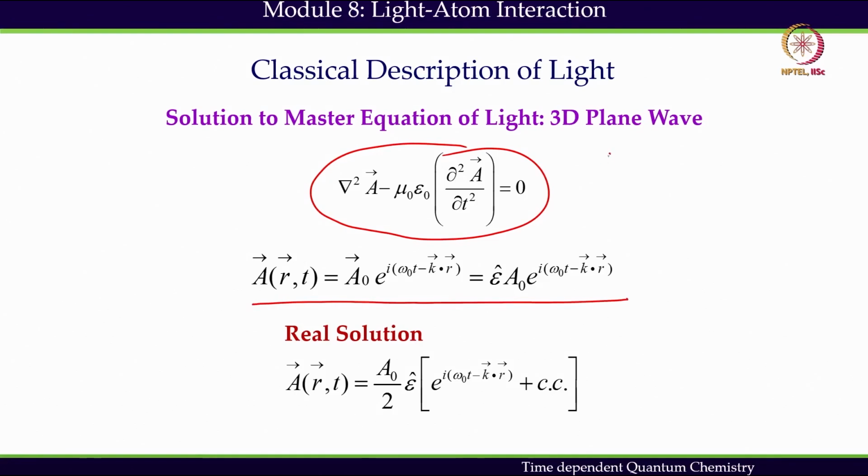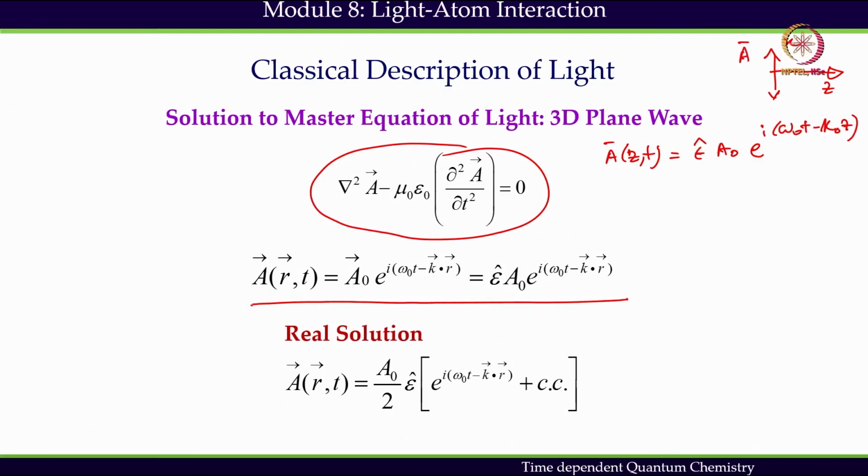So previously we have represented A(z,t) equals, this is the polarization unit vector multiplied by A naught, the maximum amplitude, e to the power i (omega naught t minus k naught z). That's the way we have represented it, and we said that it is actually propagating along the z direction, and A is changing along the x direction, which is perpendicular to the propagation direction.